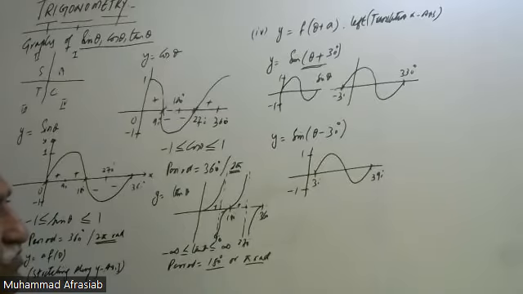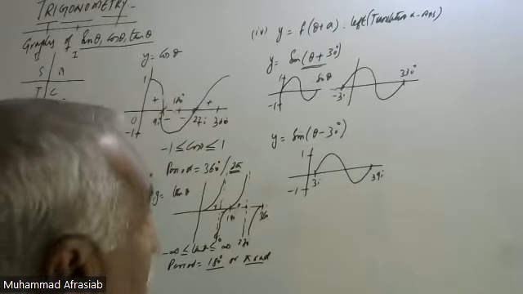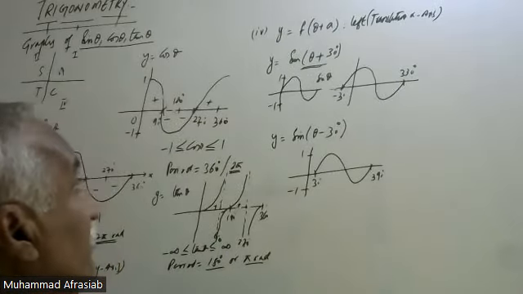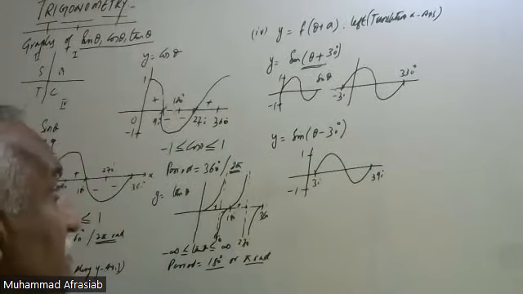So that means it is moved towards the right side for this minus 30 there. So if a is positive, it will move towards the left, and if a is negative, then it will move towards the right of this translation here. Now, we are going to draw the graph of this portion with all these properties together.